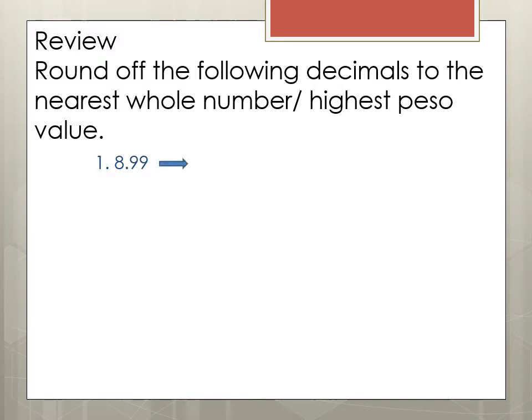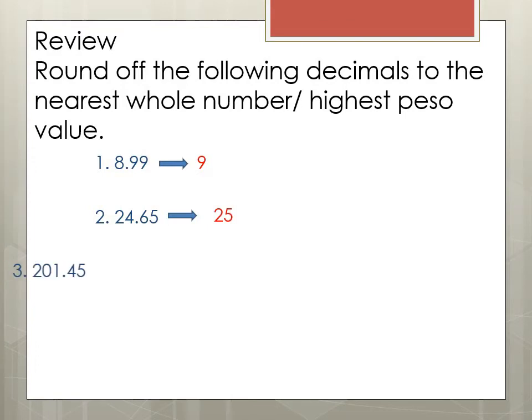The answer is 9. For number 2, it is 24 and 65 hundredths. So the answer will be 25. Since the digit at the right of the decimal point is 6, it is greater than 5, so 24.65 will be 25.